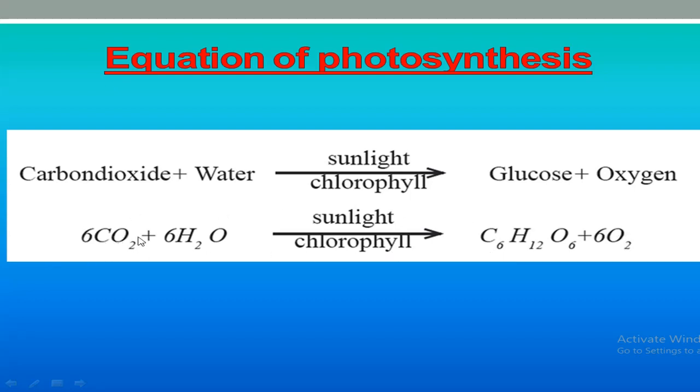Carbon dioxide is CO2, water is H2O, glucose is C6H12O6, and oxygen is O2. The balanced equation is 6CO2 + 6H2O → C6H12O6 + 6O2. Now we have learnt the word equation and the chemical balanced equation of photosynthesis.